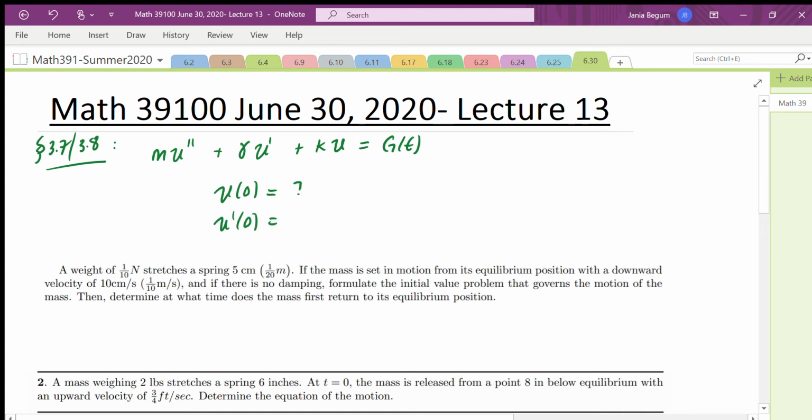This is still 3.7/3.8, just in case you're wondering. These are the equipment we need to solve this differential equation, or to set it up. Sometimes you might be setting it up, sometimes you might be solving.